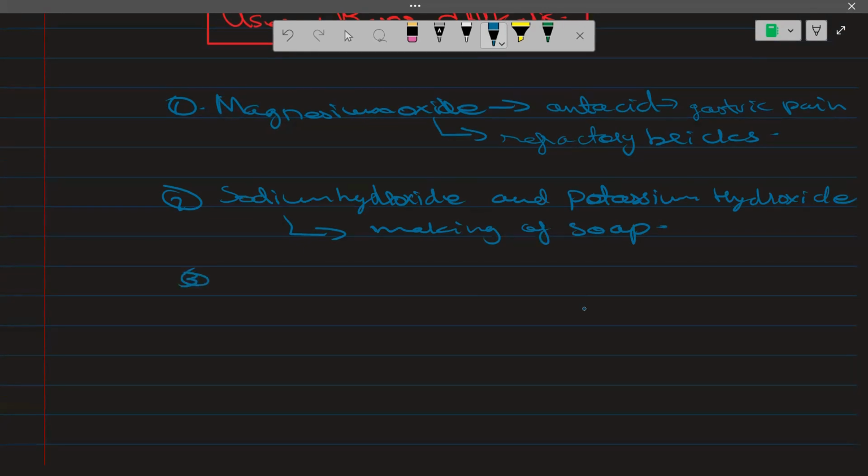Now the third use: calcium hydroxide is used to reduce acidity in soil. Farmers use calcium hydroxide in soil to reduce acidity.